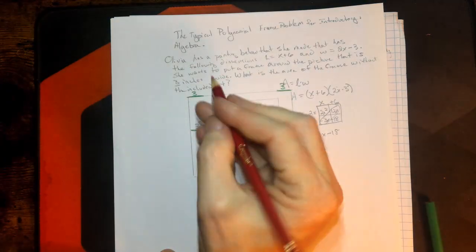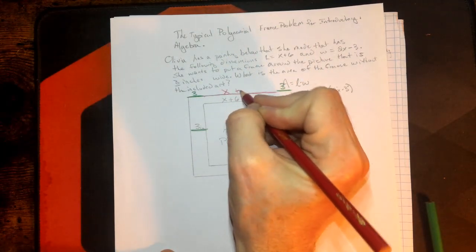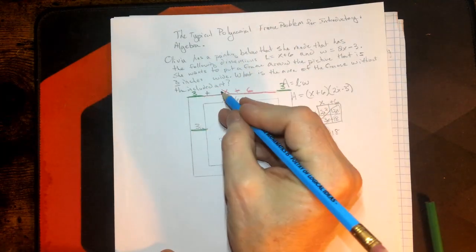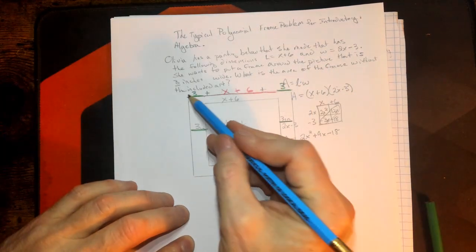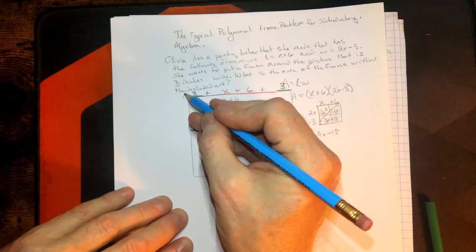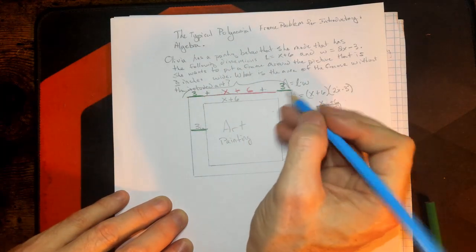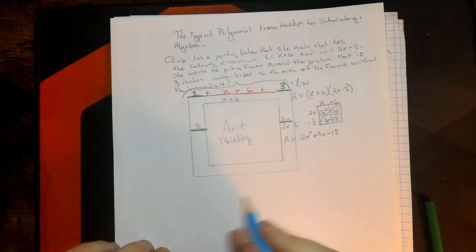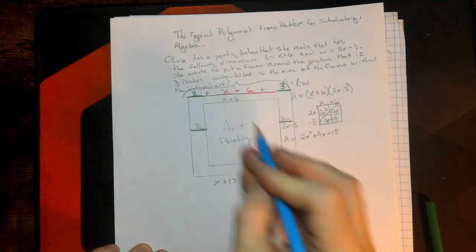And then this distance all the way from here to here is x plus 6. So I have 3 plus x plus 6 plus 3. So the total distance is 3 plus x plus 6 plus 3, and if I draw a line around it, I'm going to put that dimension down at the bottom, x plus 12, because I can just add everything up.